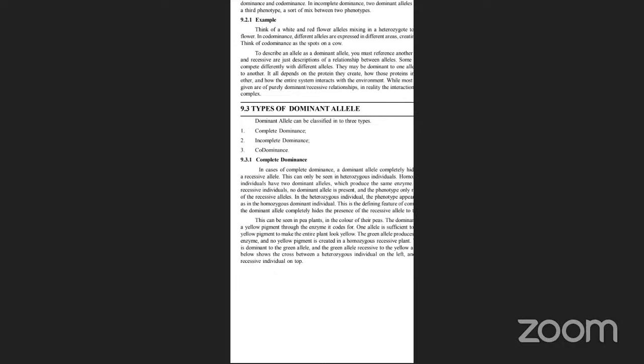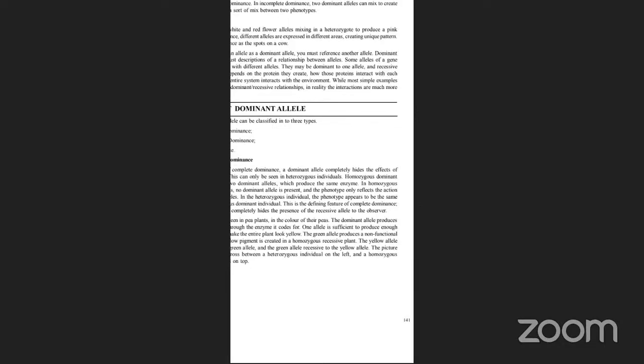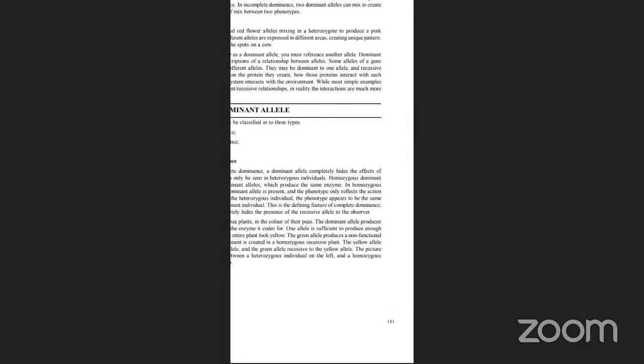This can be seen in pea plants. In the color of their peas, the dominant allele produces a yellow pigment through the enzyme it codes for. One allele is sufficient to produce enough yellow pigment to make the entire plant look yellow.